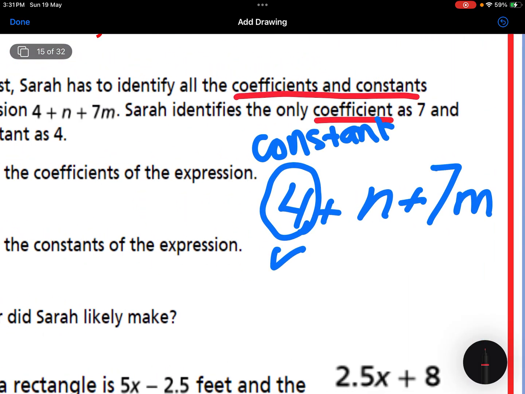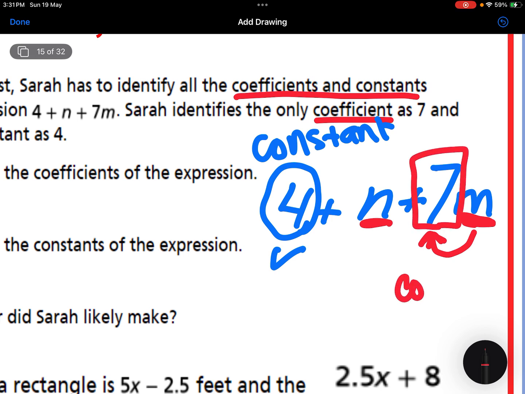Now looking at the coefficient, what are the coefficients? To find the coefficient, you have to look at each variable and ask yourself, what's the number before it? The m variable, the number before it is 7. Then this 7 is the coefficient of m. But looking at the variable n, there is no coefficient written, but I know for sure there's a hidden 1.